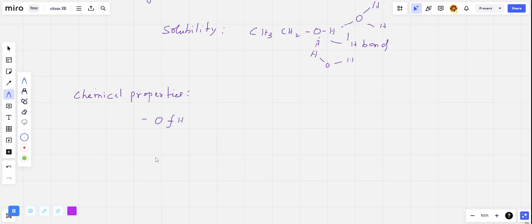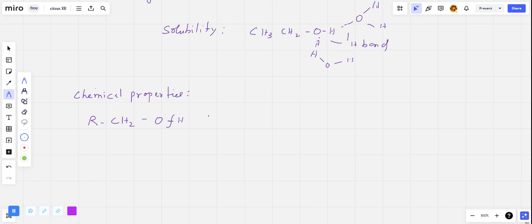Suppose you take RCH2OH, the bond will break here, that means C-O bond cleavage. How does the C-O bond cleavage take place?